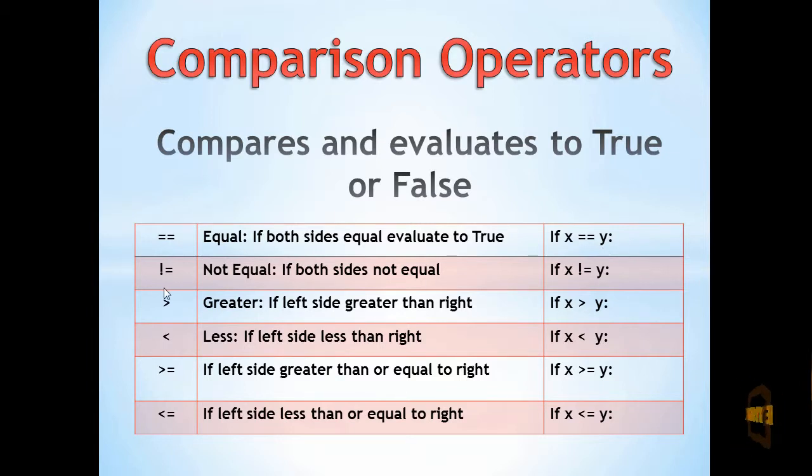The not equal statement is signified by the exclamation mark then the equal sign, such that if x is not equal to y, it'll evaluate to true, and if it is, it'll evaluate to false. The greater than symbol can check if x is greater than y, and the less than can check if x is less than y. We can also use the greater than or equals to operator, or the less than or equals to operator.